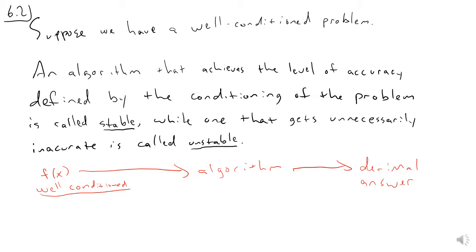But the idea of stability of algorithms is that suppose we have a well conditioned problem, it's still possible that the algorithm that you're implementing has some issues, some things in it that can throw your answer off. Okay, so an algorithm that achieves the level of accuracy defined by the conditioning of the problem is a stable algorithm. But then one that gets unnecessarily inaccurate is called unstable.